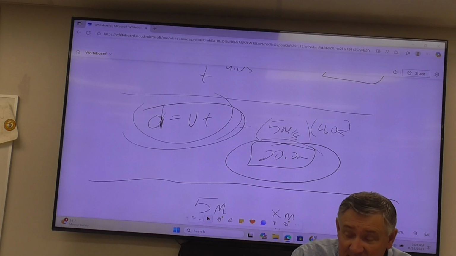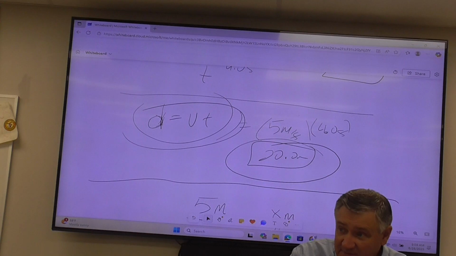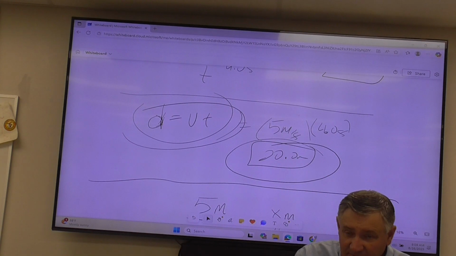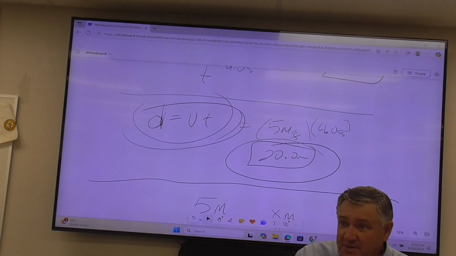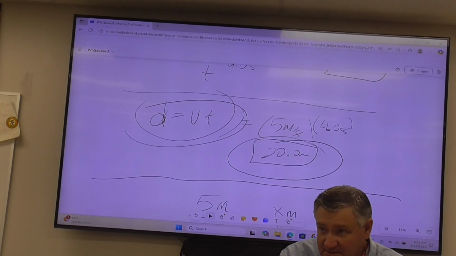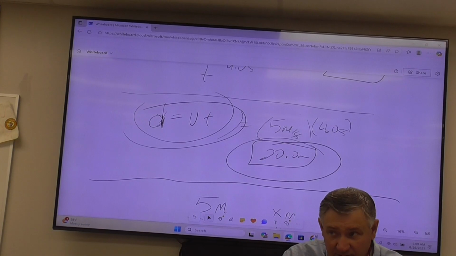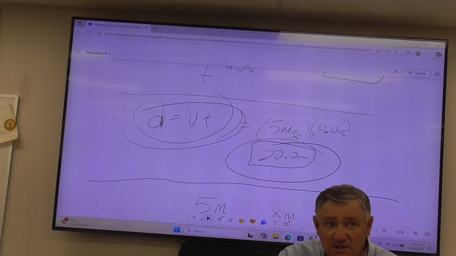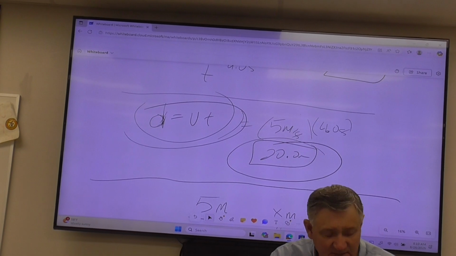You can only, listen to me, you can only use distance equals velocity times time when you have constant velocity. If it's speeding up or slowing down, you can't use that. If you have any accelerated motion at all, you cannot use distance equals velocity times time, okay? You can only use it if you have constant velocity.